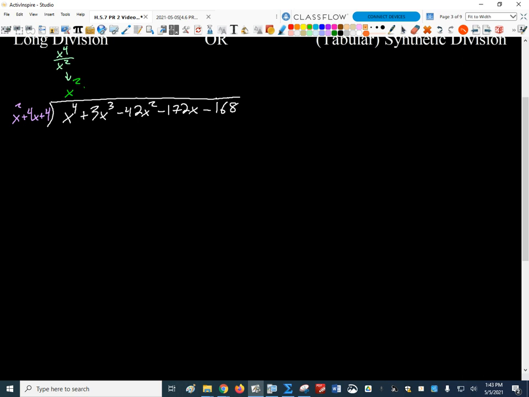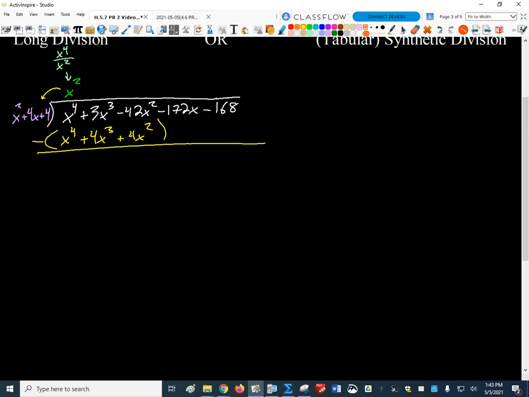We'll distribute and subtract. Okay, good. So we'll go ahead and distribute this guy down there, and that's going to give us x to the fourth plus 4x cubed plus 4x squared. And I'm going to put the whole thing in parentheses, subtraction symbol out front, and I'll just subtract vertically. So Andrew, what's that going to give me?